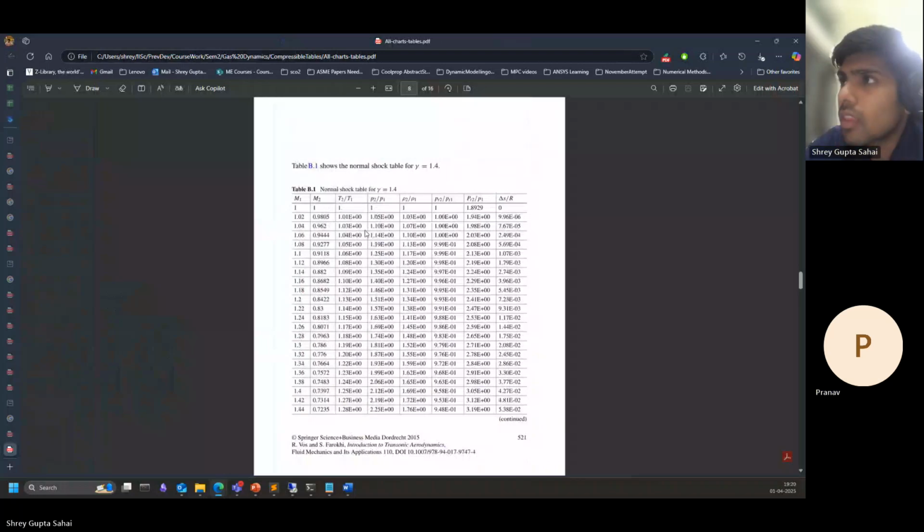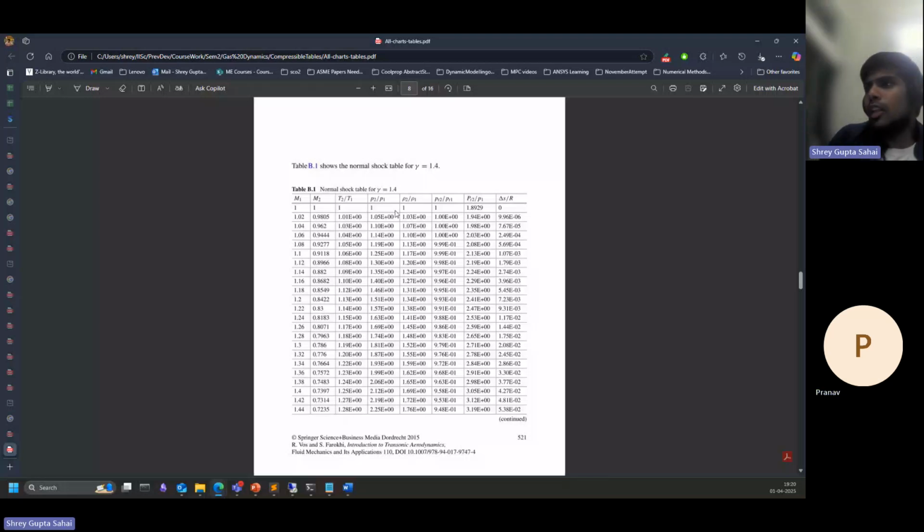Now you use this P2 by P1 value, or you use this one. I took the P2 by P1. I don't take the total pressure values. But do you know P2? What is the P2 value?